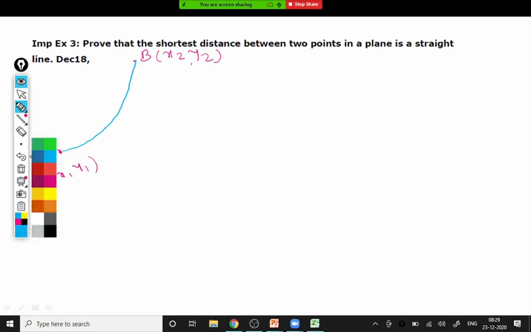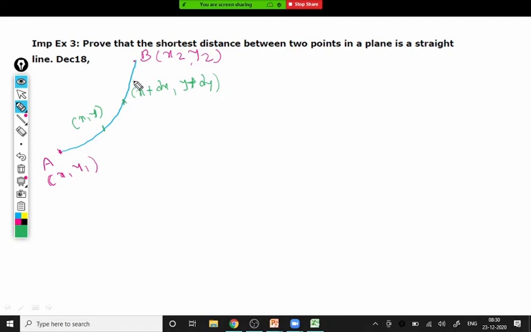One point is x comma y, and another point is x plus dx comma y plus dy. Remember, x, y is a general point, and x plus dx, y plus dy is another neighboring point, where a small unit dx is added in x and dy is added in y. So these are the 2 points we are taking on the curve.